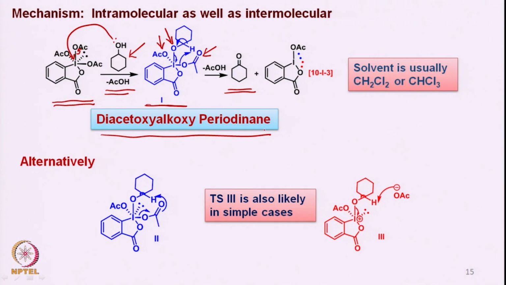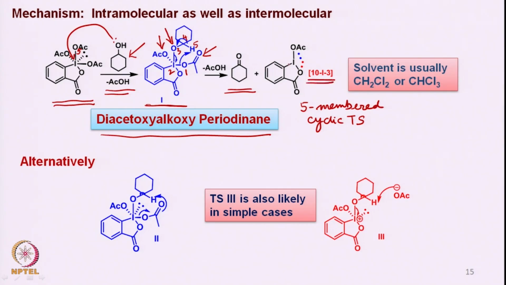And then that undergoes oxidation, and it is possible that this involves 1, 2, 3, 4 and this 5, a five-membered cyclic transition state, that allows the oxidation to take place, and of course you are left with this iodine-containing byproduct, which is 10-I-3.